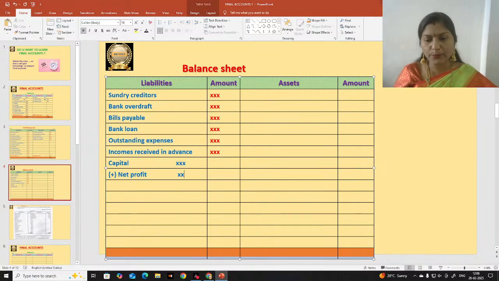Where do we get net profit? We get net profit in the profit and loss account. If we balance the profit and loss account, we get net profit. That should be taken from the profit and loss account, recorded here in the balance sheet under capital, and added to capital. If we add that, we will get one value.